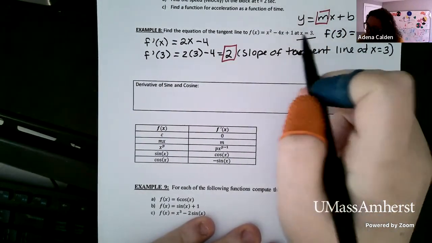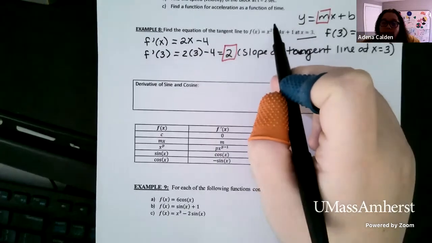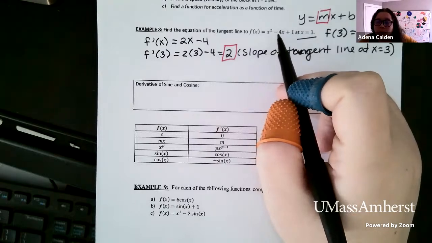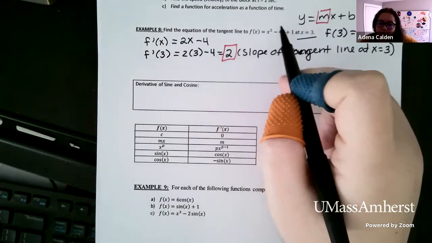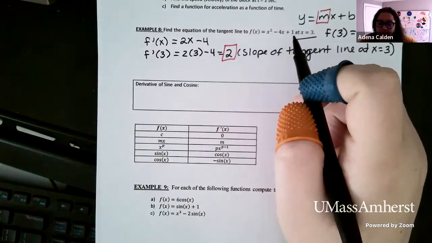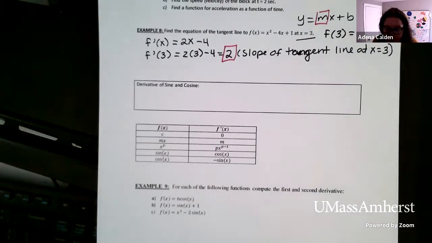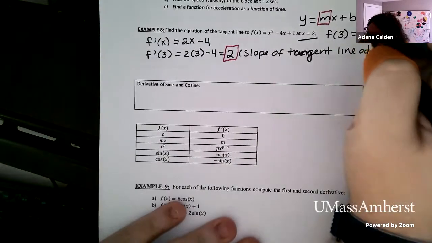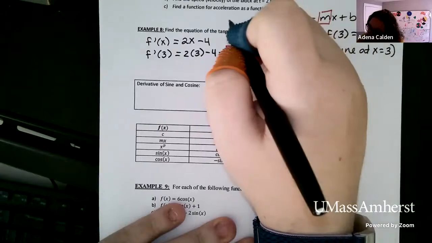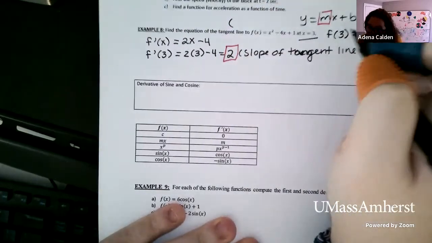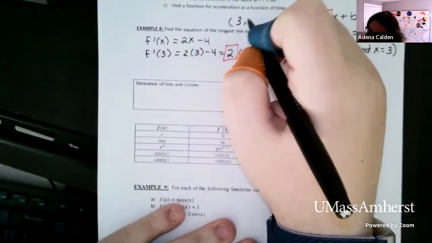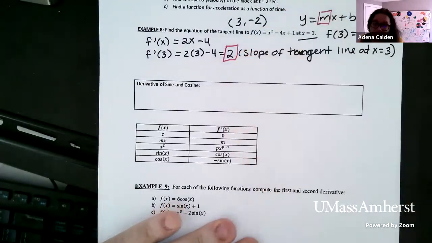Plugging 3 into the original function, you get 3 squared, which is 9, minus 4 times 3, so minus 12. Now we're at negative 3, plus 1 gives me negative 2. So f of 3 is negative 2, and that tells me the point shared between the tangent line and the function is the point 3 comma negative 2.